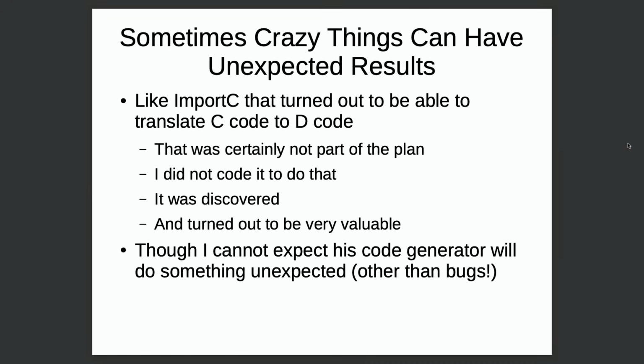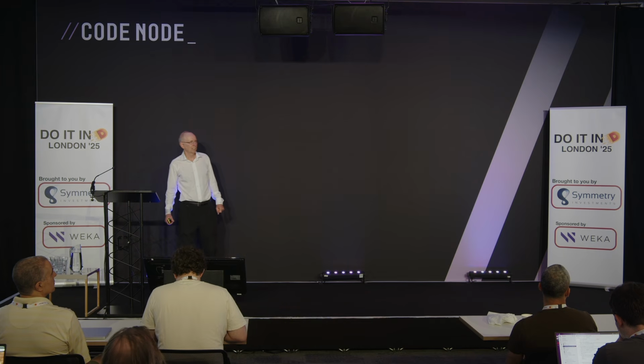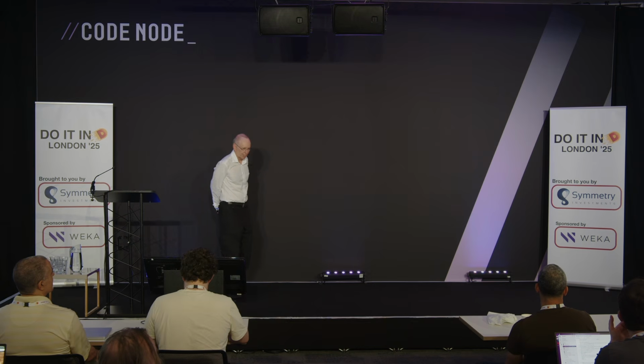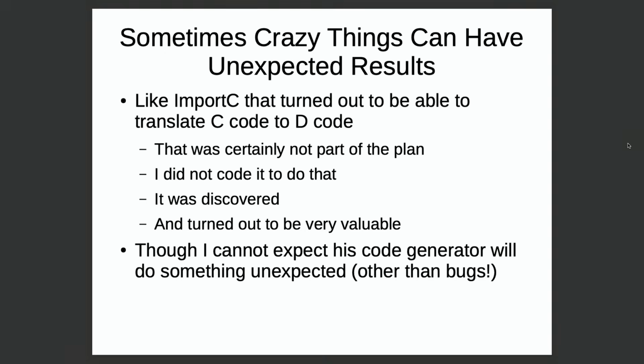I've done crazy things before. Writing a C compiler into the D compiler was not a popular idea. People suggested I should focus on something useful. And it turned out that it had a lot of really neat consequences. One of the most interesting ones was discovered, I swear, I did not think of it.